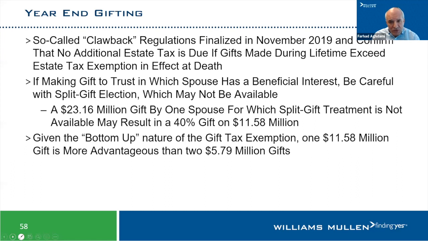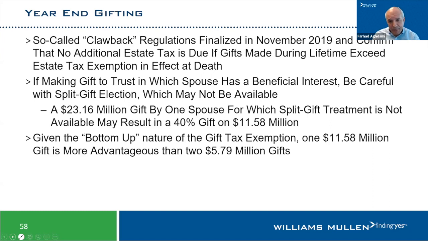A couple pointers. One is, if you're making a gift into a lifetime family trust, spousal access trust, and the spouse has a beneficial interest, you need to be careful about making a split gift, because the split gift election really can't be made where the spouse who has the beneficial interest has an interest that's ascertainable or more than insignificant.